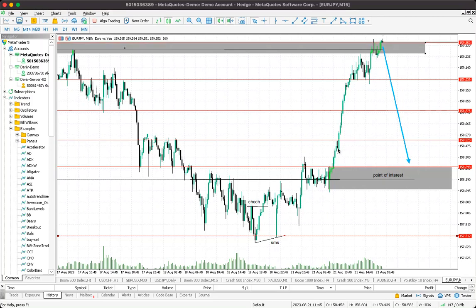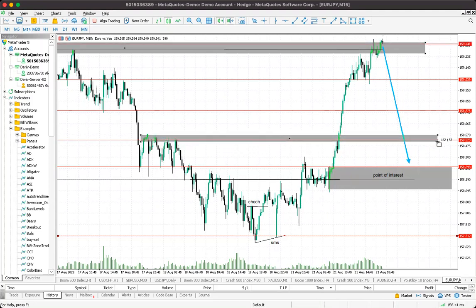They put their bank levels here and there, all for a reason. Now, related to that, this is a zone. This is more or less like a drop-base-drop, and we'll still get to that.